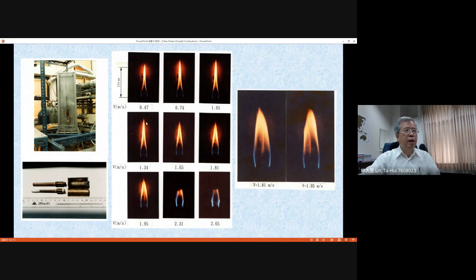Initially, if you have liquid fuel flowing out from the sponge and wetting the cylinder surface, then you ignite it, you can have a very nice diffusion flame. Actually, this is a typical one. When the flow velocity is very small, 0.47 meters per second from the upstream side, you can see there is a flame.